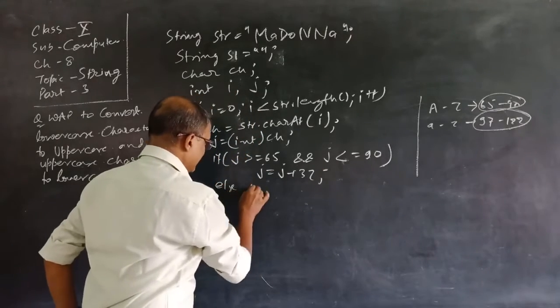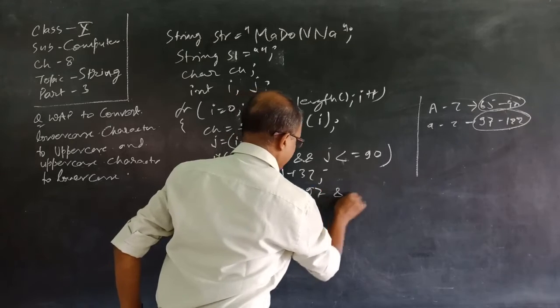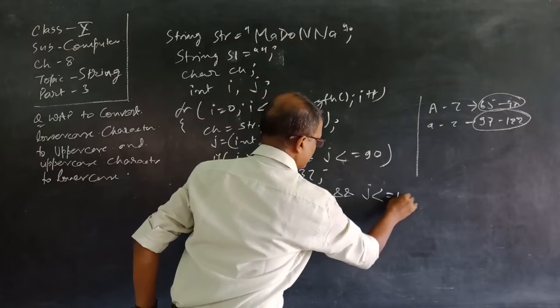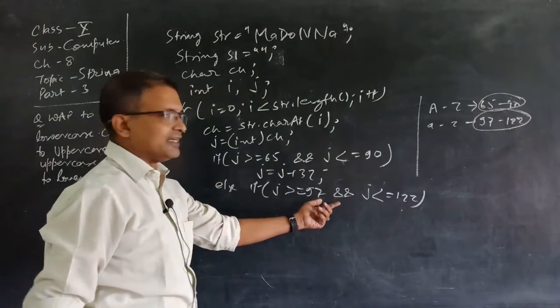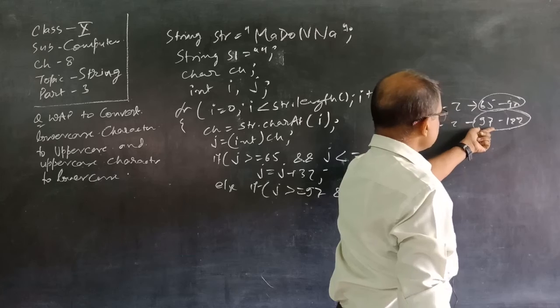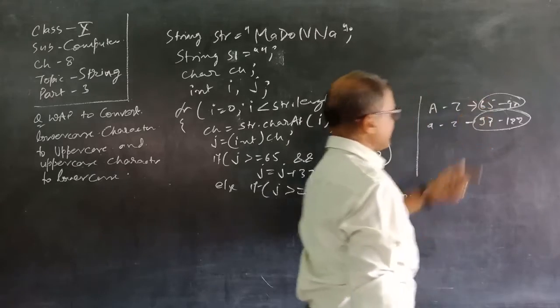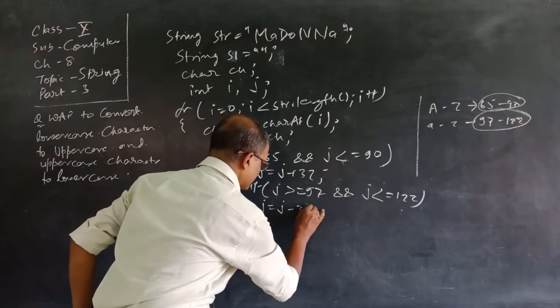Else if j greater than or equal to 97 and j less than or equal to 122, if this condition is true, it means the character is in lowercase, then you need to convert it into uppercase. It means you will have to subtract 32 to get uppercase. So j equal to j minus 32.